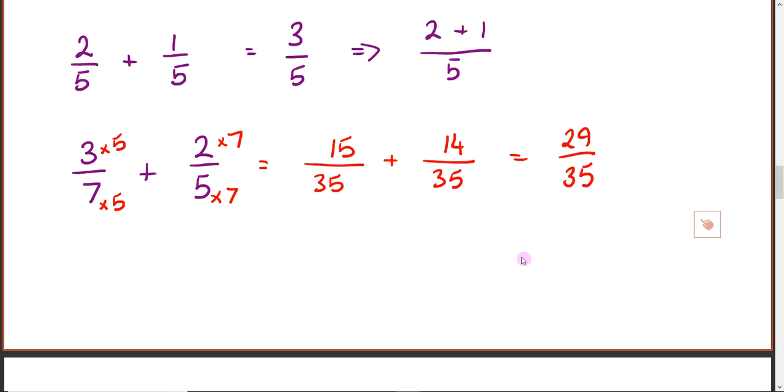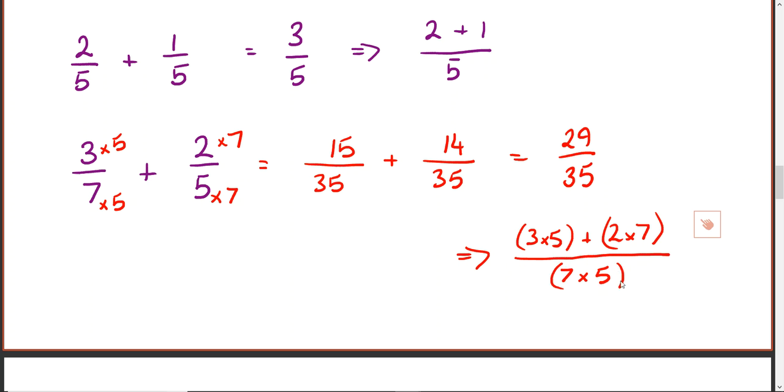So this here, I'm going to rewrite as 3 times 5 plus 2 times 7, all divided by 7 times 5. Okay, just to show how it's been done. Not that you would need to do that, but that is basically just explaining to someone what I've done. That's how the fraction has ended up. Okay.